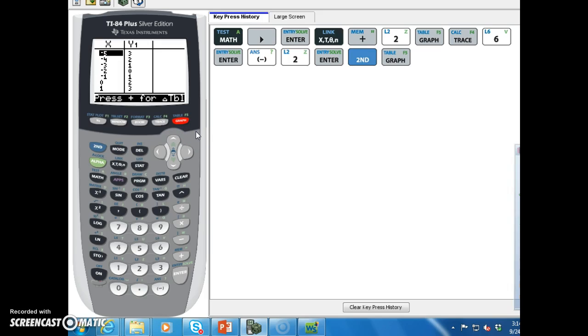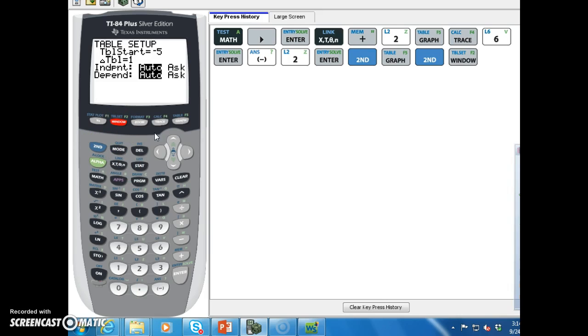Now if your table has like crazy numbers here, okay, you can scroll up and down with your arrow keys if you don't like those points that it first shows up. Or if it starts at like -100 or something, you go right next to it. Second window, you can tell where you want your table to start.